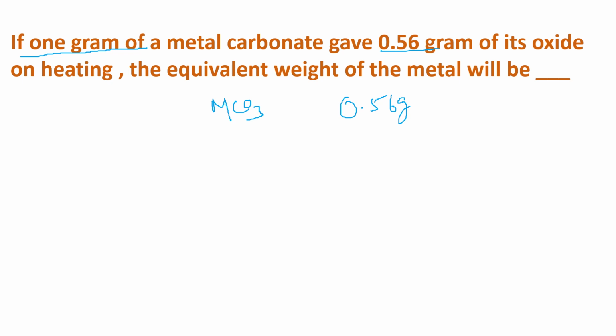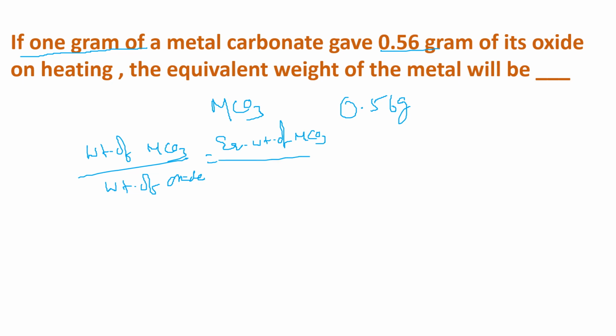How will you calculate? The weight of the metal carbonate divided by the weight of the respective oxide. That is 1 gram of metal carbonate, and this is the oxide. The metal oxide is equivalent weight of the metal carbonate divided by the equivalent weight of the oxide.